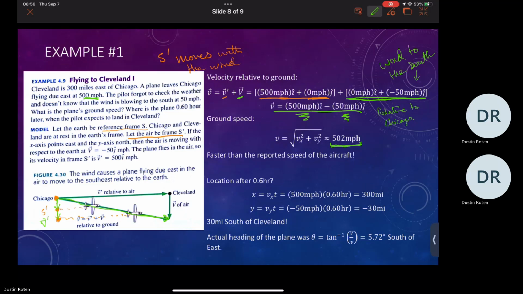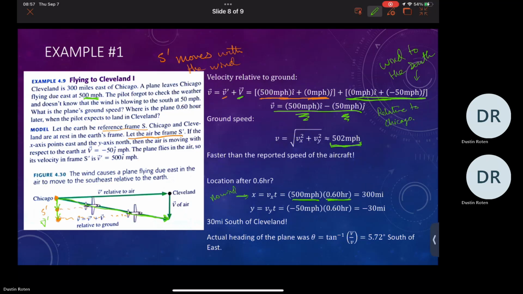Now, what about its location after 0.6 hours? We can just look at its x position and its y position, and this is pretty easy. We take the velocity in the x direction, which we know was 500 miles per hour. There's no wind in the x direction either, so there's nothing to change this. This plane is always going to be flying to the east with 500 miles per hour.